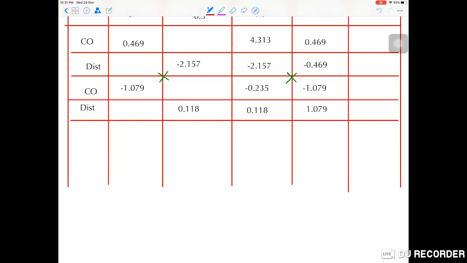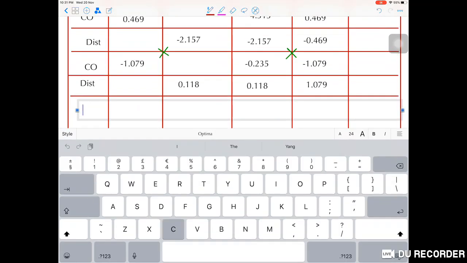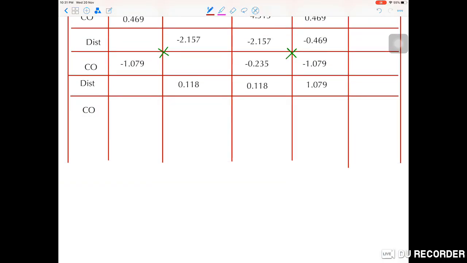Okay, continue with carryover, and again like this. It is 0.118 divided by 2.